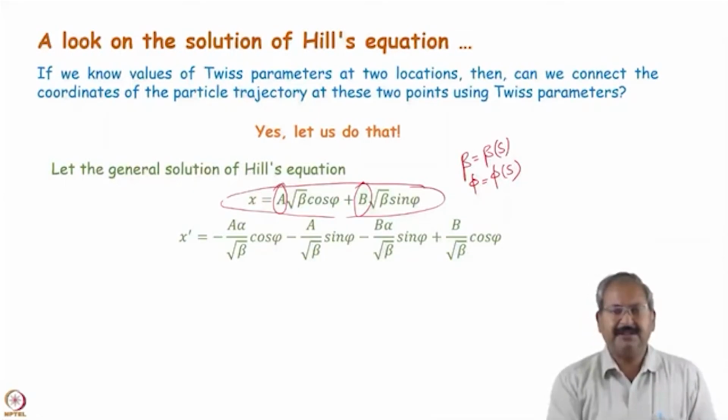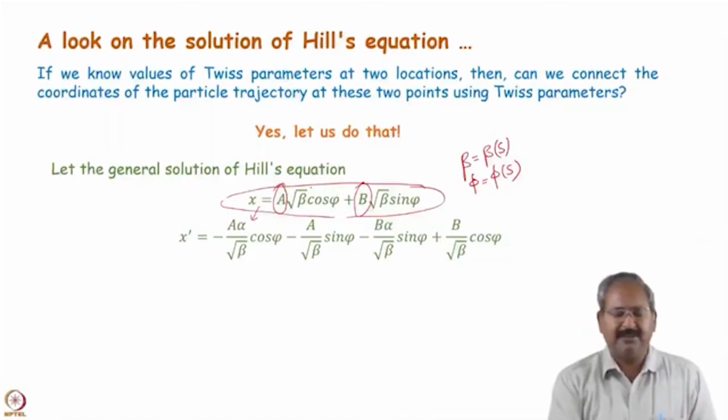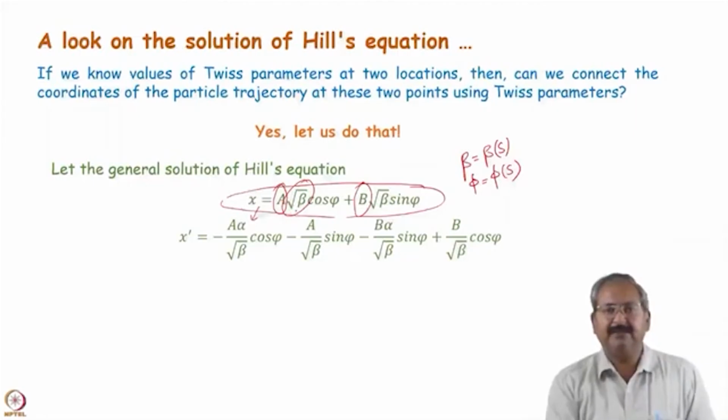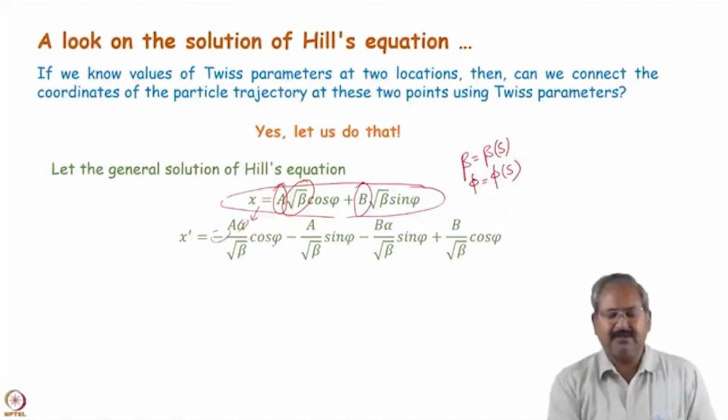And if we differentiate this x with respect to s, we get x prime, which is a alpha root beta cos phi, because when we differentiate root beta, we will get 1 upon 2 root beta d beta by ds, and 1 upon 2 beta prime is minus alpha, which is written here: minus alpha upon root beta cos phi.